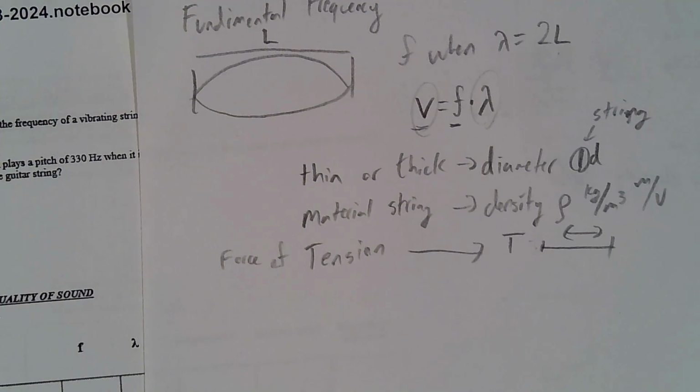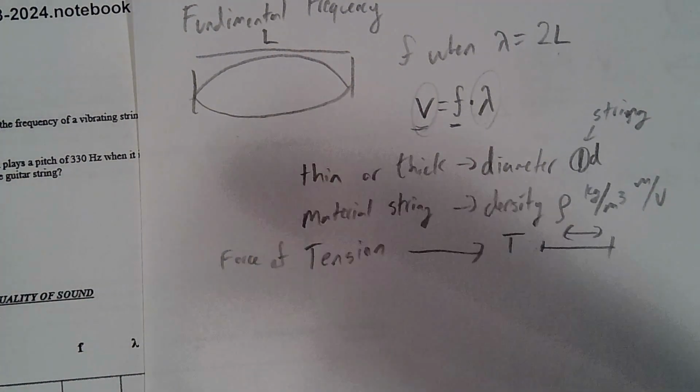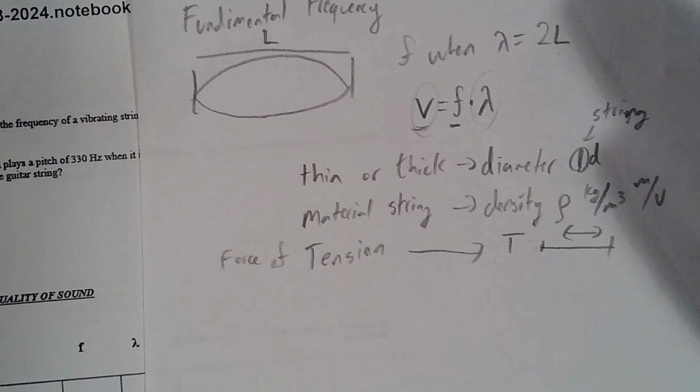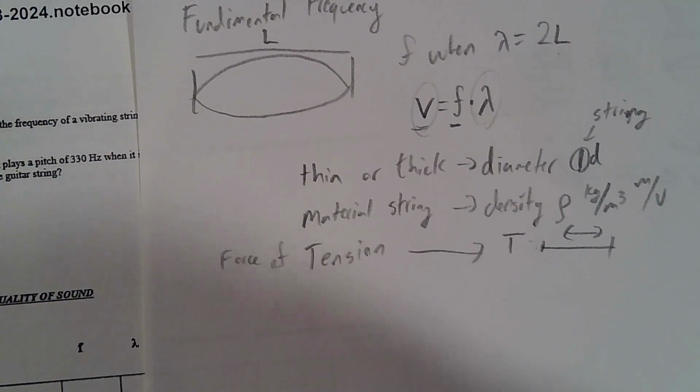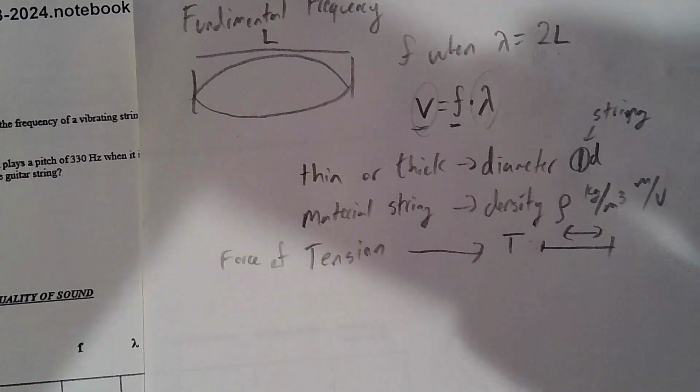If you want to tune your string up, you use the little knobs on the end of the scroll of the instrument and either up the tension or decrease the tension, depending on how you want to change your frequency. You can change the material that the string is made of.